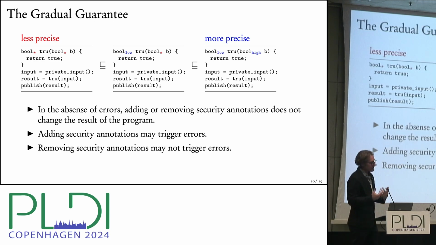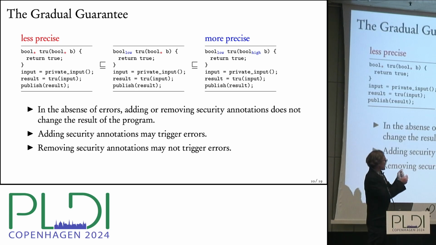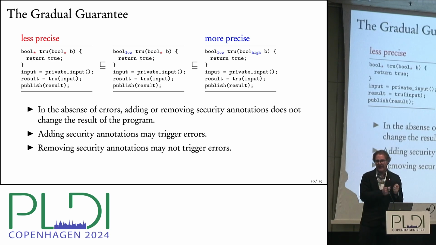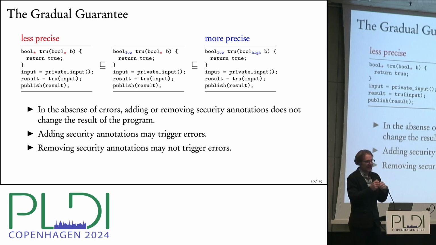The gradual guarantee says that in the absence of errors, when you're adding and removing security annotations, that's not going to change the behavior of your program. You're going to get the same answer out. You're not going to change from computing 42 to 24 or something. So no crazy changes of behavior.